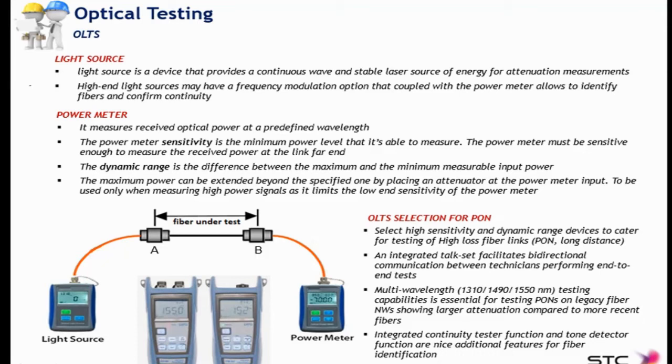So relative power is the comparison of power levels between 2 points, in this case point A and B. Therefore, in order for this power meter to give you a direct reading on the attenuation between A and B, you have to set the zero reference at point A. It doesn't matter what the absolute power level at point A is. What matters is that point A is set to the zero reference for the power meter.